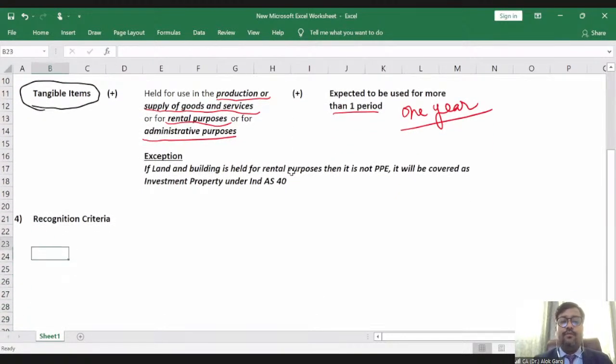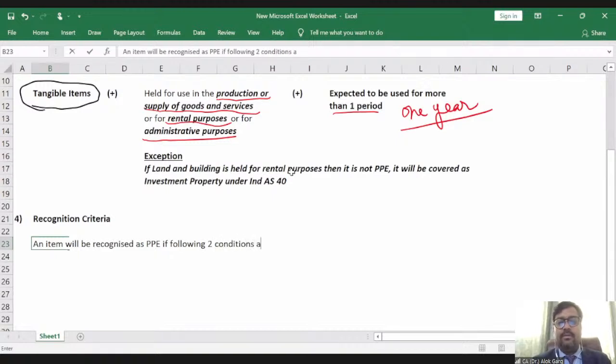Okay. So first, recognition criteria: an item will be recognized as PPE if the following two conditions are satisfied. What are the two conditions?